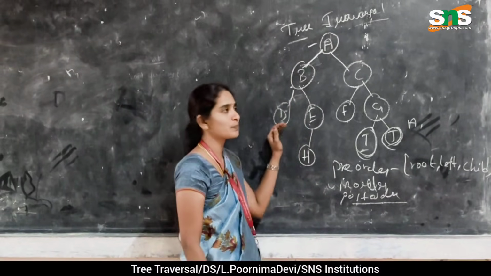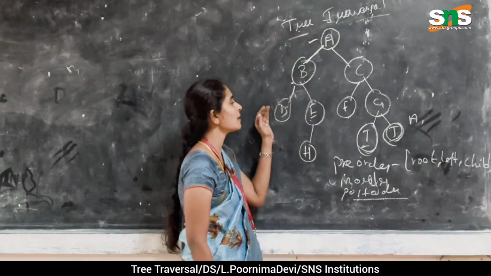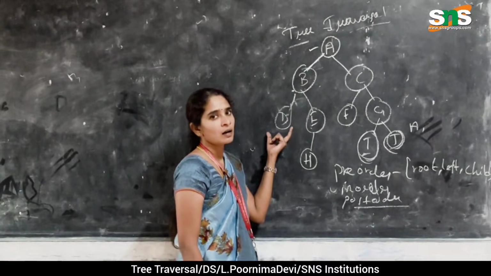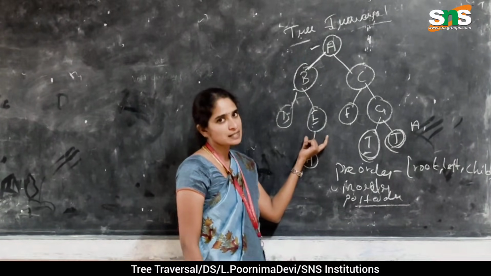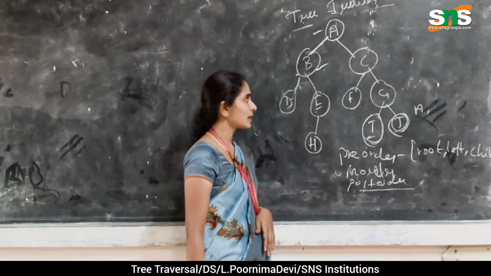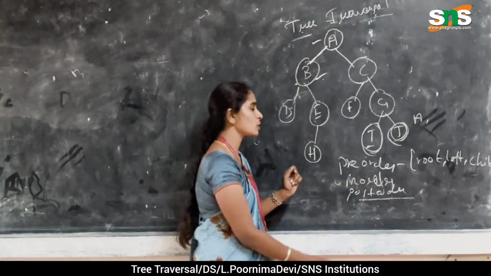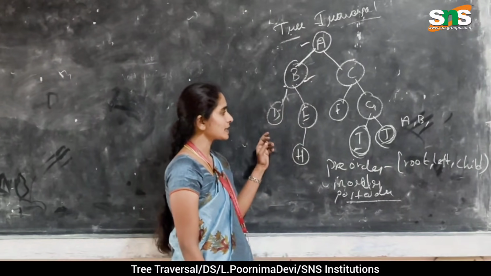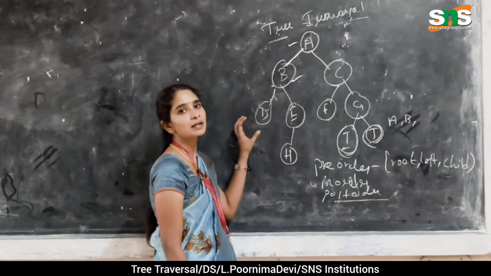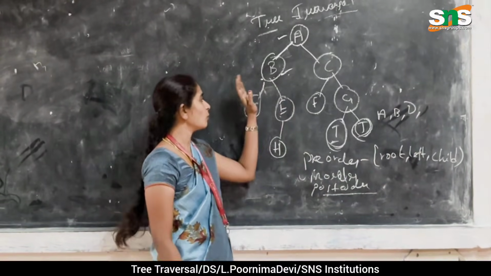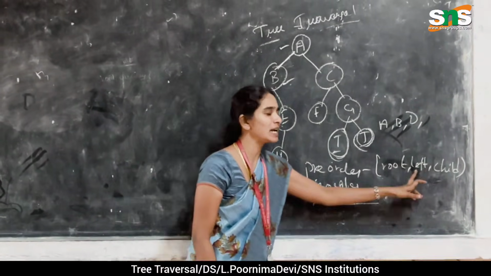In this structure, B is a root node, D is a left child node and E is a right child node. So I visit the root node B, and next the left child of B, that is D. Next I move to the right side. Root, left, right.